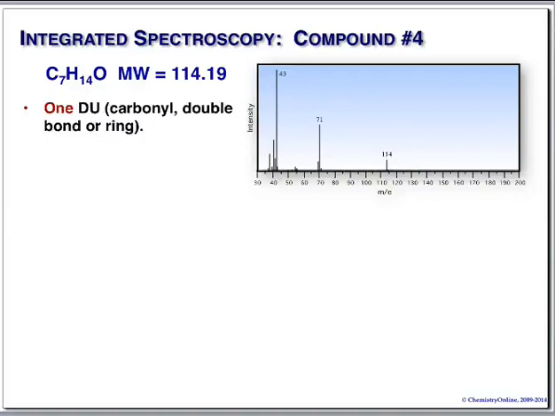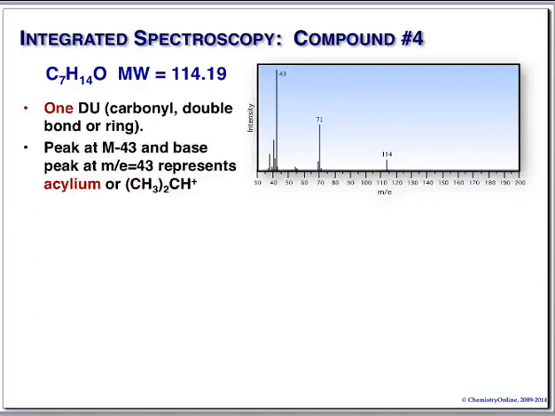So I don't know what 71 is, but this is loss of 43. And here's the 43. So we either have a propylium or we could have isopropyl. We don't know yet. Everyone happy with this?